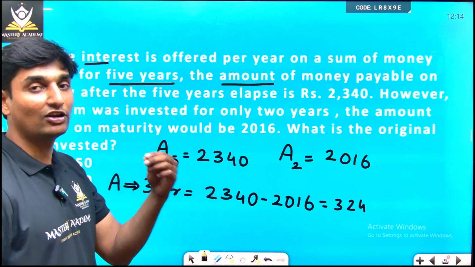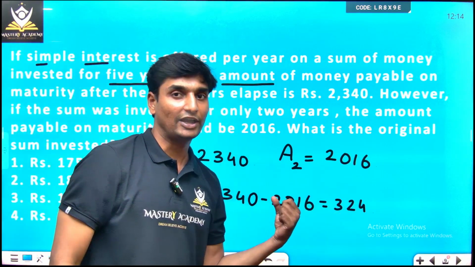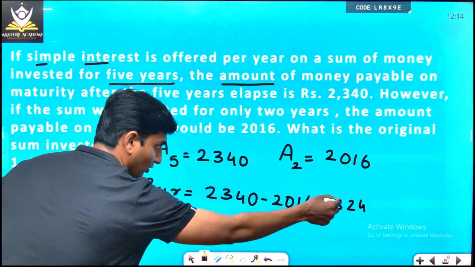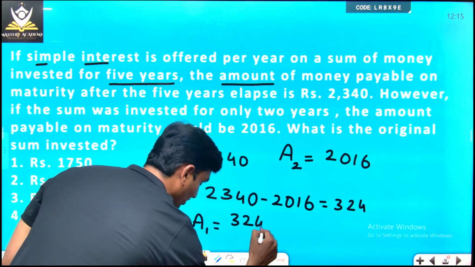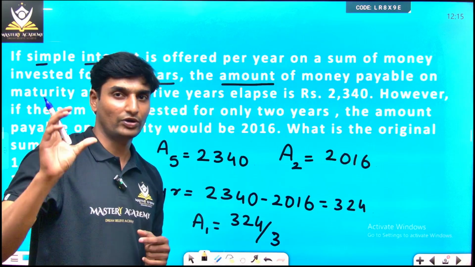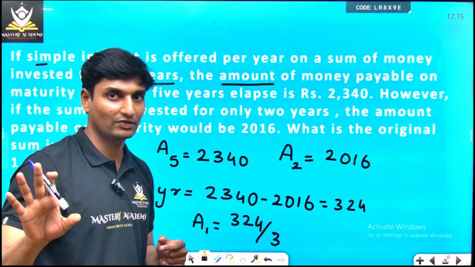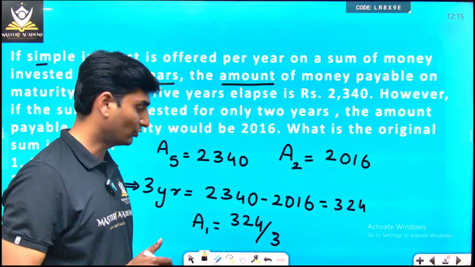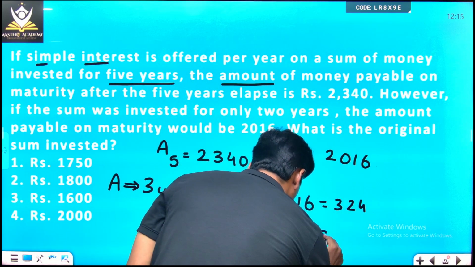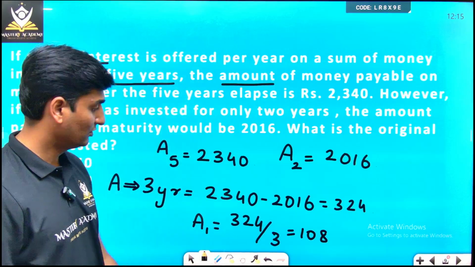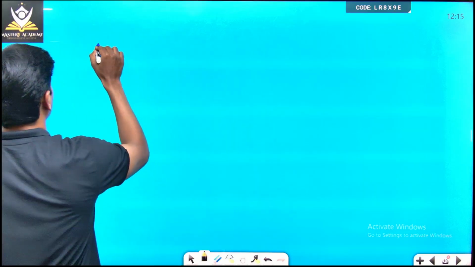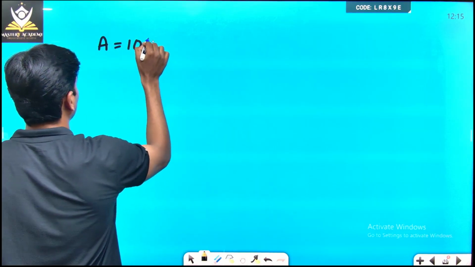Now I need it only for a period of 1 year. So for 1 year I can take 324 upon 3, because for every year the simple interest is going to be the same amount. Equal distribution, 324 upon 3, so this will be 108.